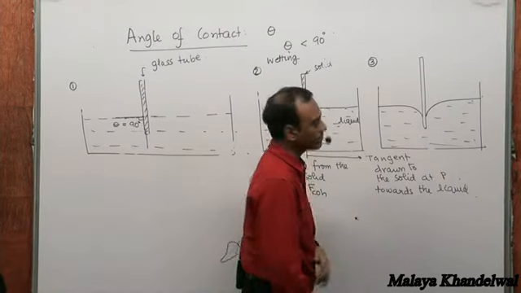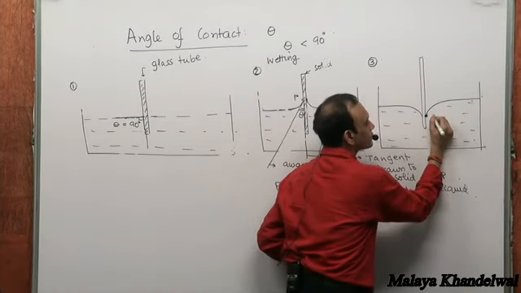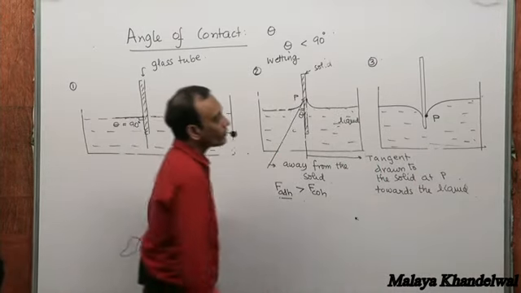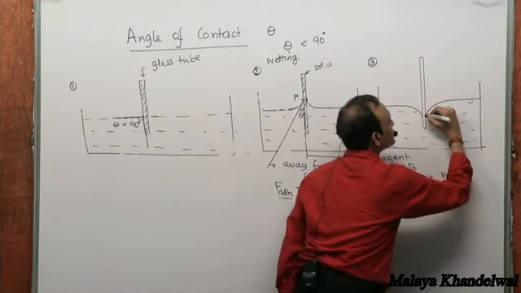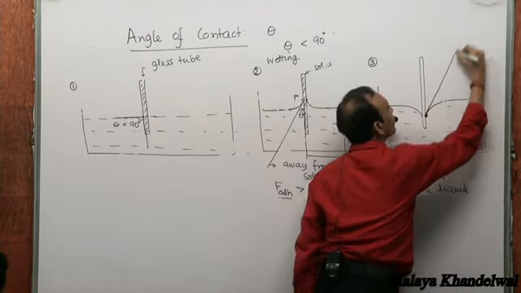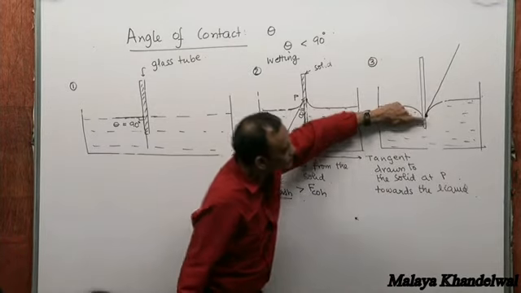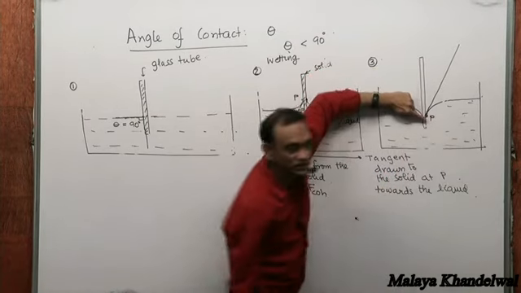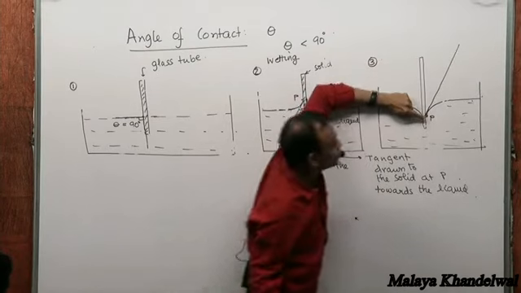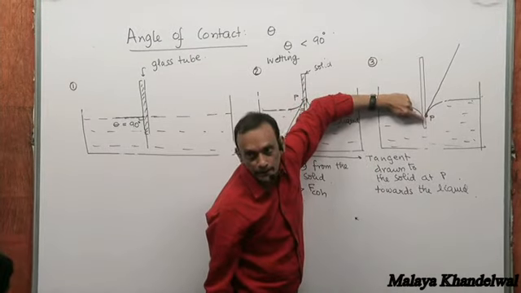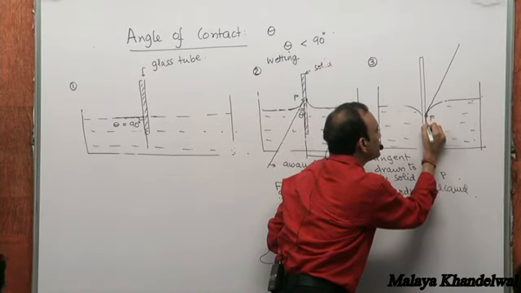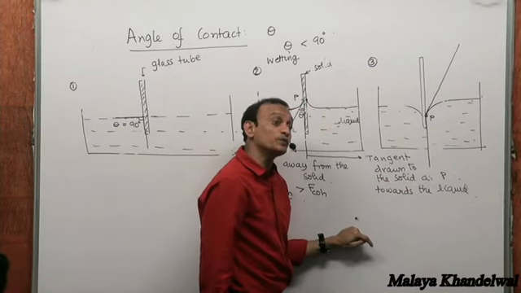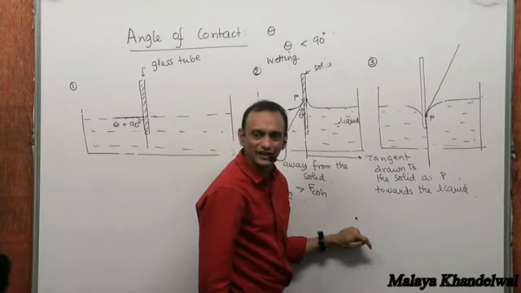Look at this case. This is my point of contact. At the point of contact, this is a tangent drawn away from the solid to the liquid. This is my liquid surface, right? I draw a tangent at this point P away from the solid to the liquid surface, and I draw a tangent at P to the solid towards the liquid, and the angle between these two tangents would be the angle of contact.